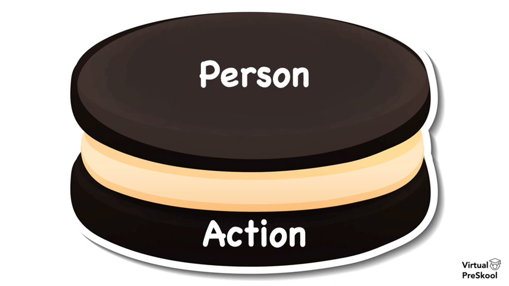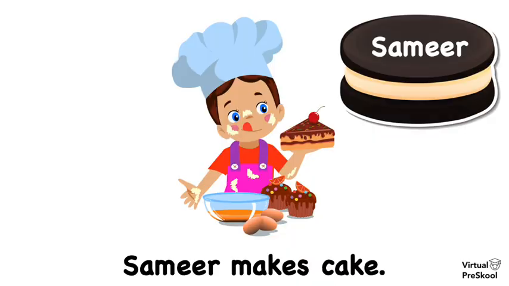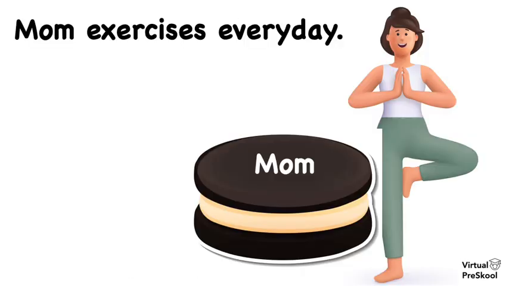So now let's do some practice examples to see if we can find the bottom cookie for these sentences. Samir makes cake. What's the bottom cookie going to be? Remember, it's the action, what he's doing. Makes. He makes cakes. Mom exercises every day. So what's the bottom cookie going to be?